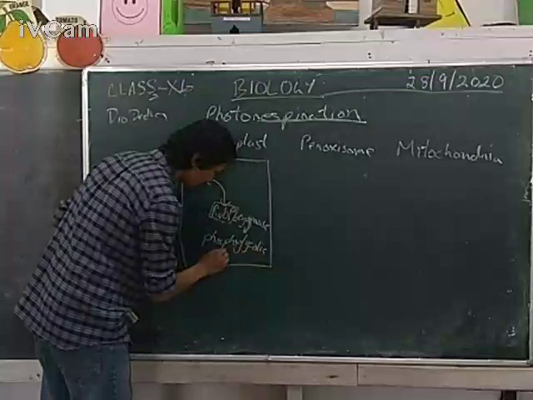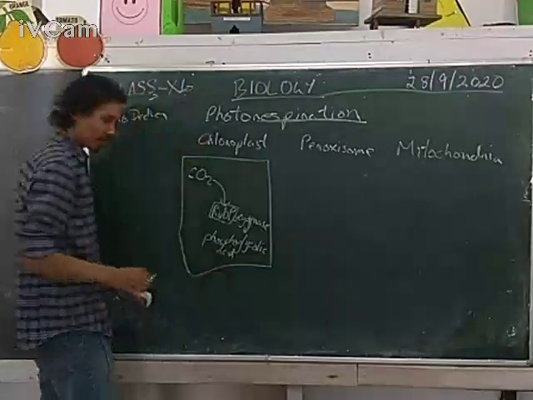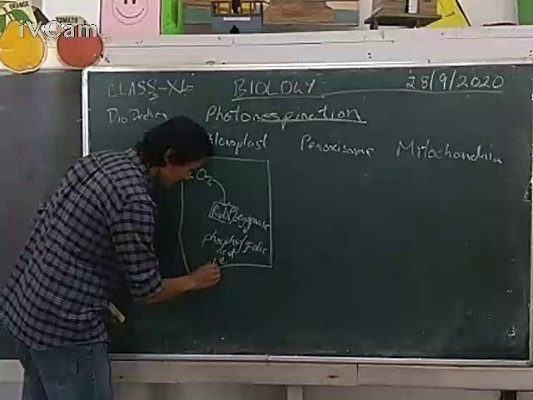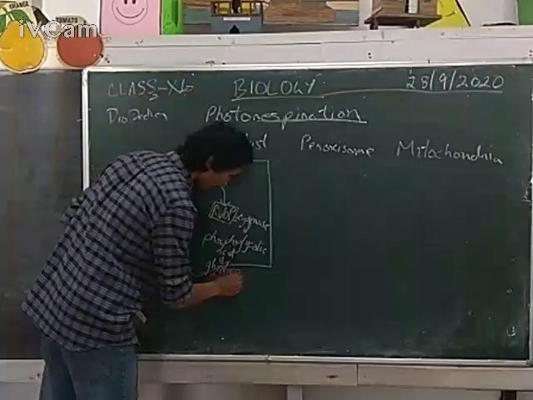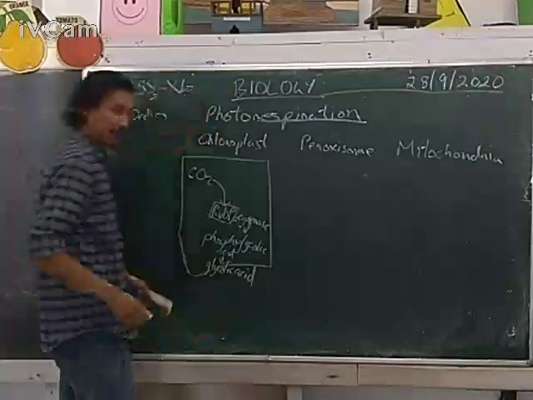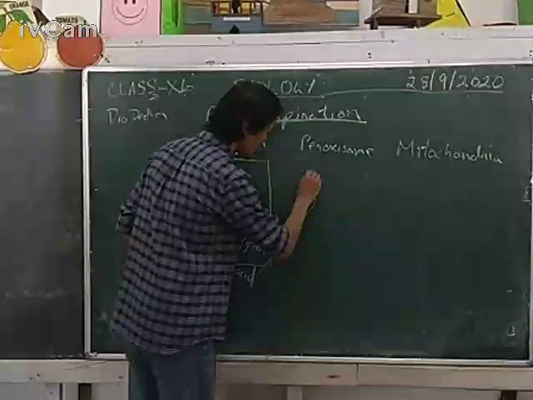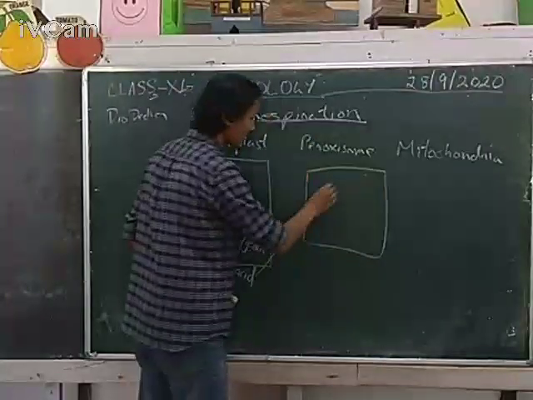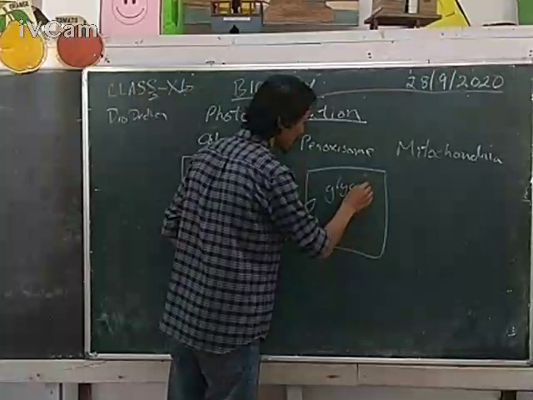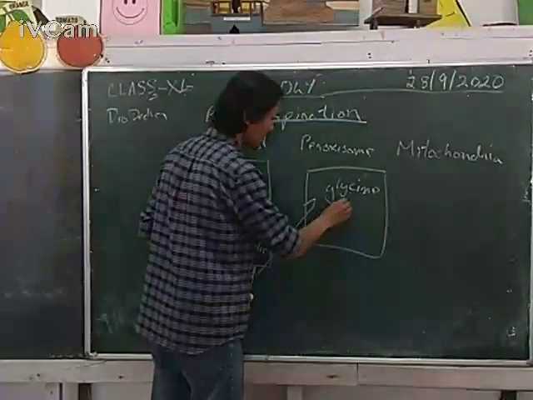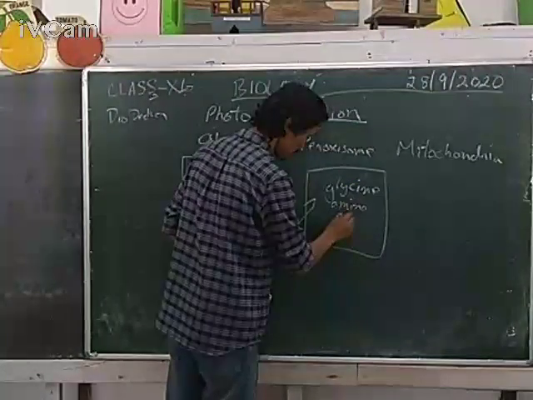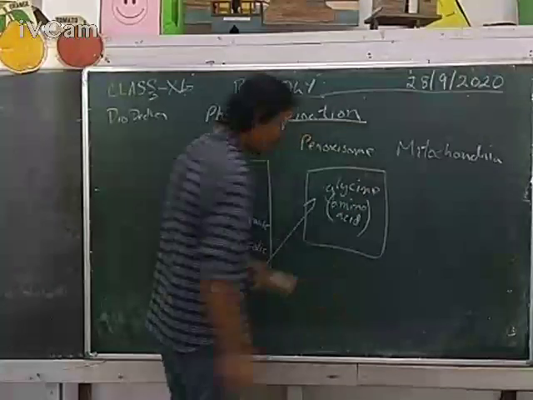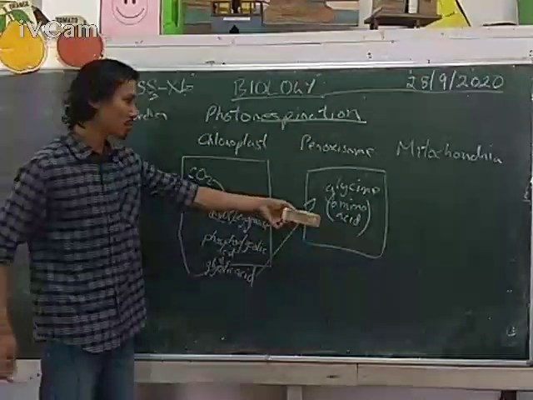So what happens is, it forms phosphoglycolic acid. This phosphoglycolic acid is converted into glycolic acid. This glycolic acid moves into peroxisomes where it is converted into glycine. Glycine is an amino acid, and amino acids, you all know, are the building blocks of proteins.